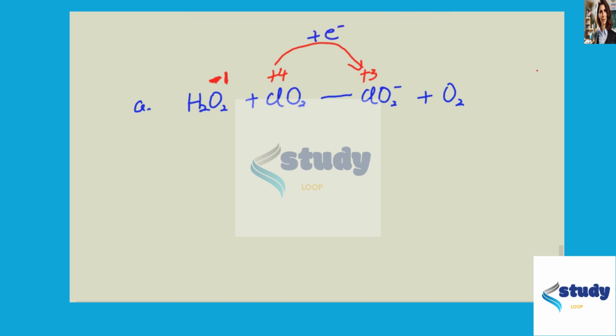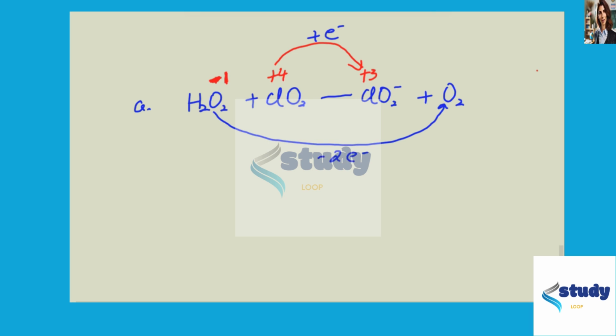And then you have oxygen. Definitely the oxygen is giving electrons to form oxygen gas. Each oxygen atom will give 1 electron, so for each molecule you give 2 electrons.